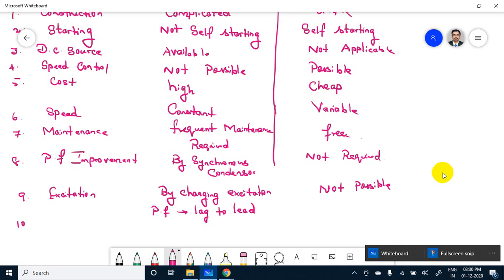Tenth point, load. When the load increases, the load angle alpha also increases, but we have to keep the speed constant.